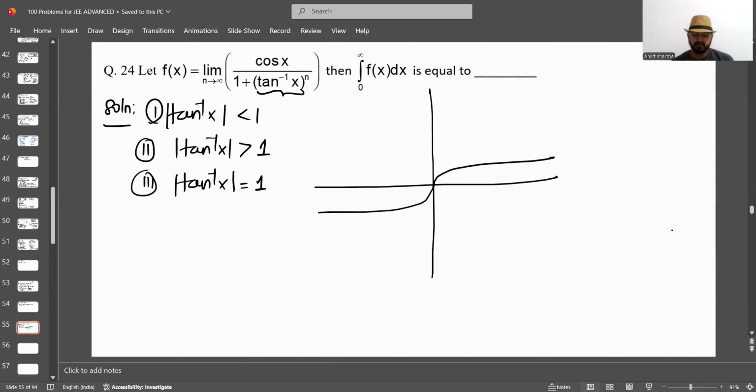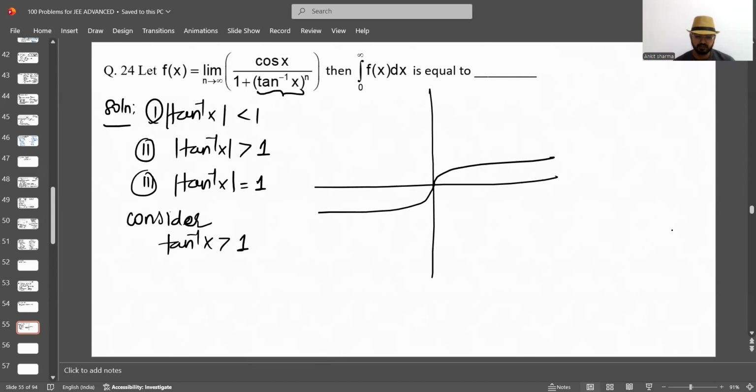So if you see here, tan inverse of x is going to be less than 1. Now consider tan inverse of x to be more than 1.